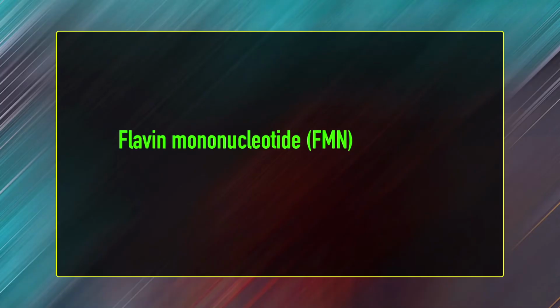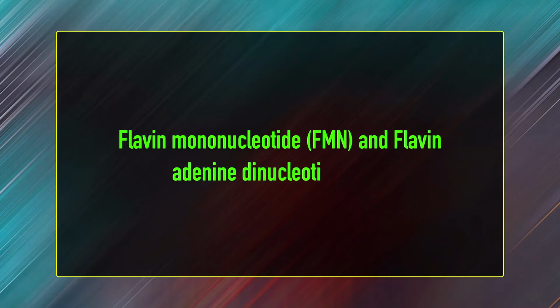Flavin mononucleotide FMN and flavin adenine dinucleotide FAD. The flavin containing FMN and FAD are coenzymes of dehydrogenases, oxidases and monooxygenases. In addition to redox active flavin, they contain phosphorylated ribitol attached to the flavin ring.